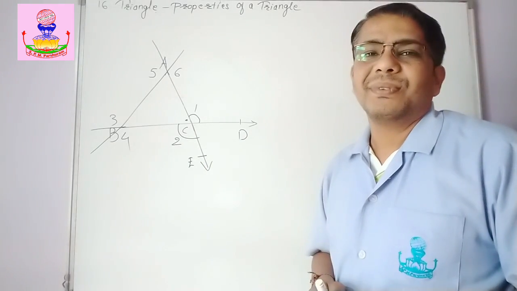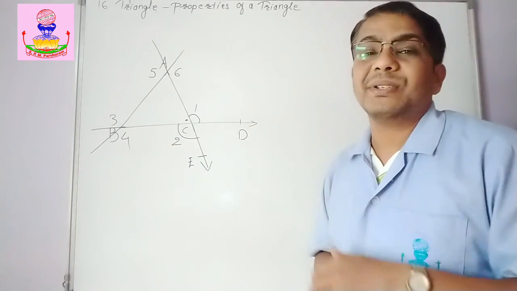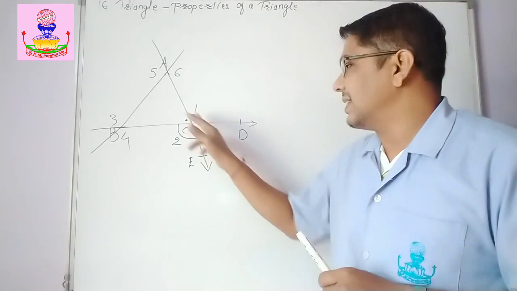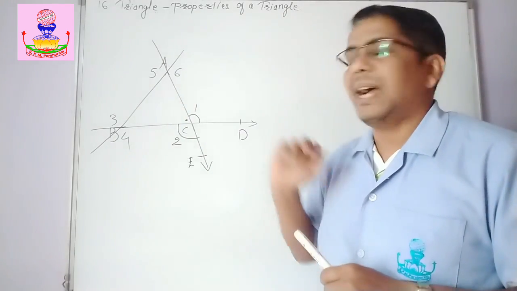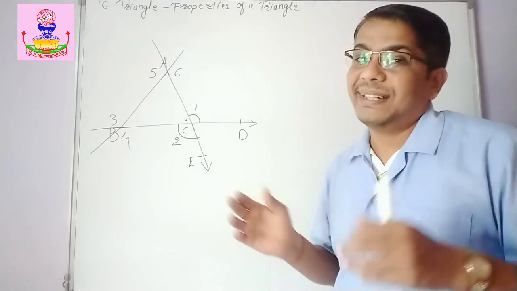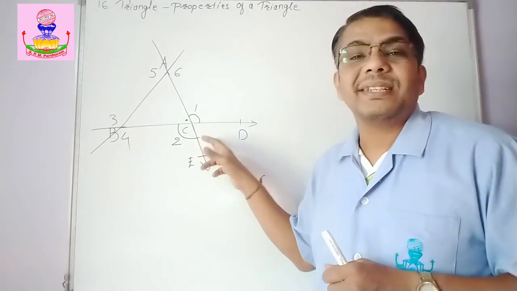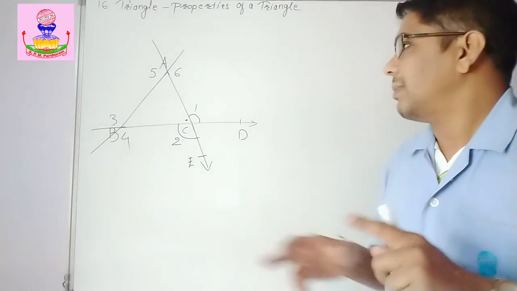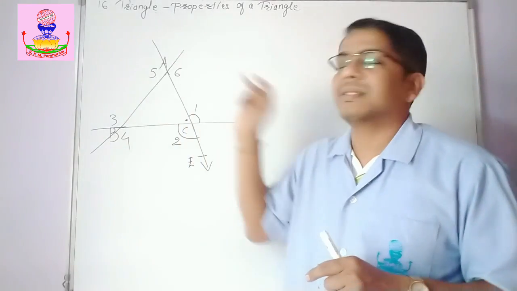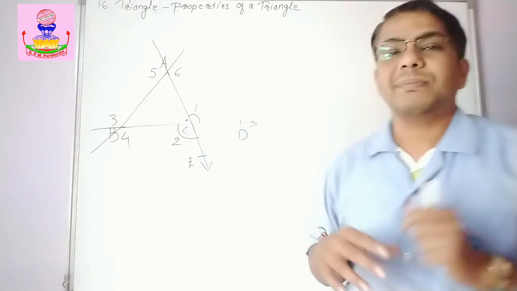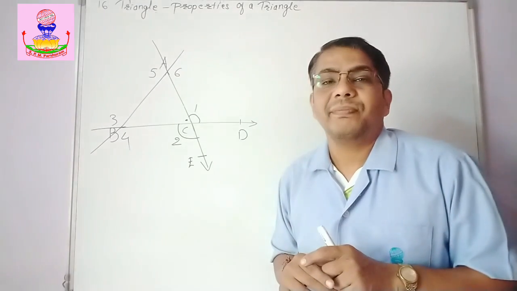Now, is this an exterior angle? It is not the exterior angle of the triangle. Why? Because it is exactly equal to the angle of the triangle, and that is not correct, because these are vertically opposite angles. So there are only 6 exterior angles of a triangle. Keep this in mind.